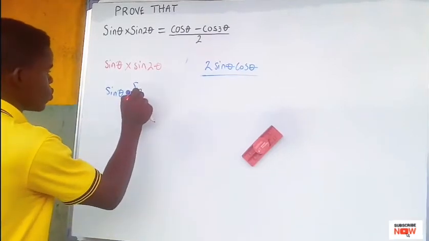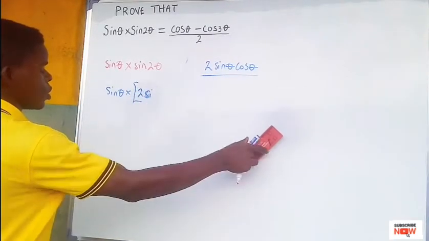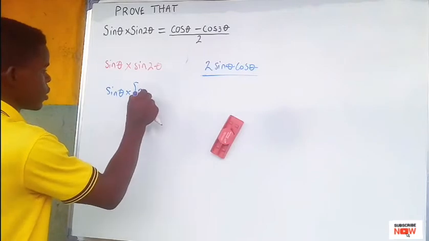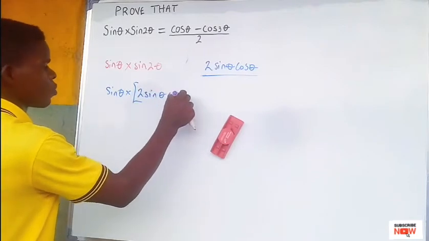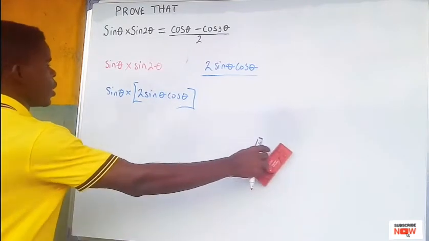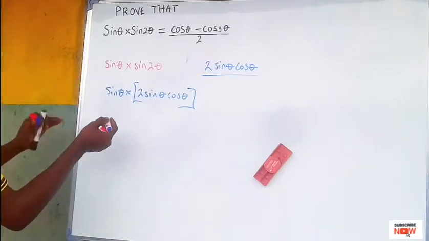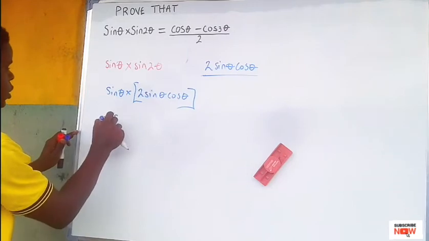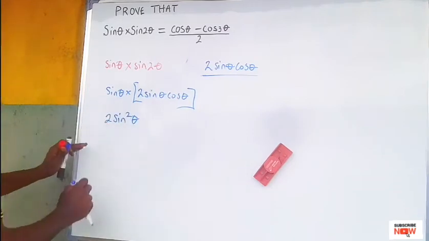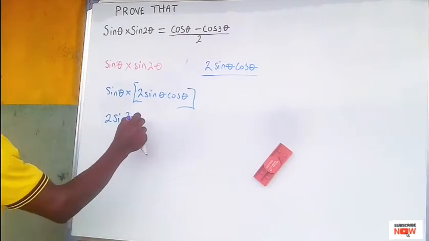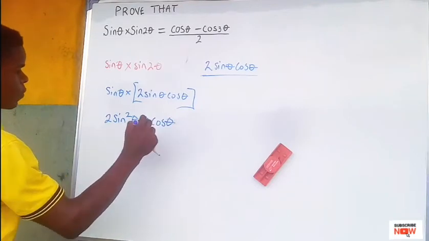So you have sine theta times 2 sine theta cosine theta. All right, now we are good. Let's multiply this out. That will become 2 sine squared theta times cosine theta.